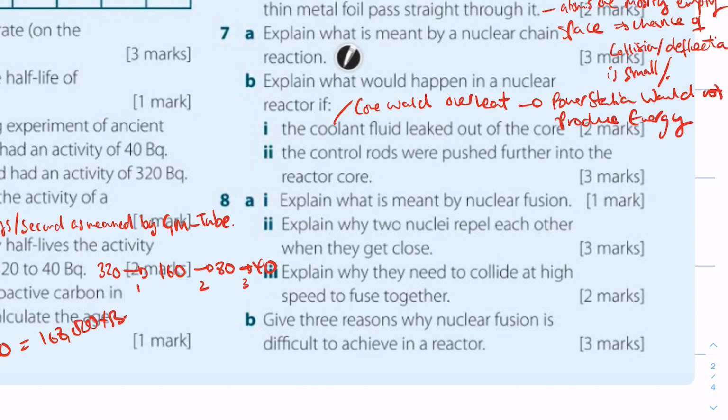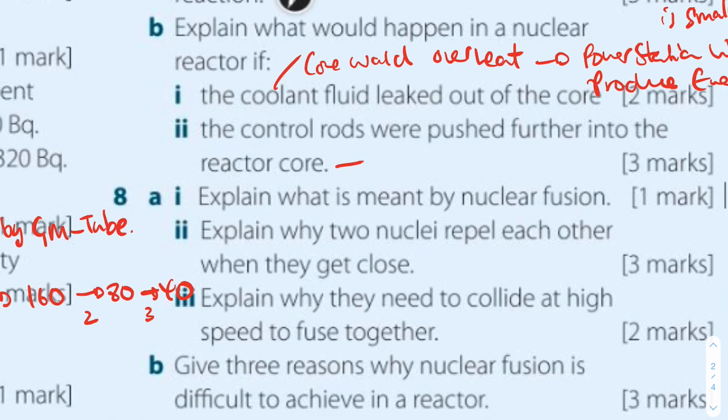The control rods were pushed further into the reaction core. So the control rods limit the number of excess neutrons that come out per fission reaction. And so if control rods are pushed all the way in, then reaction fails to sustain.